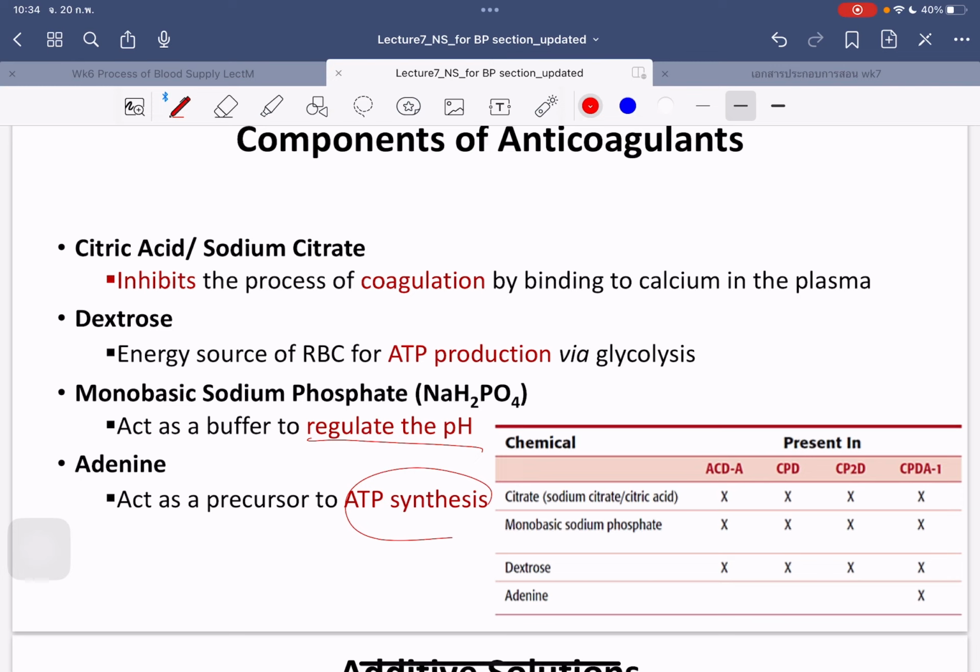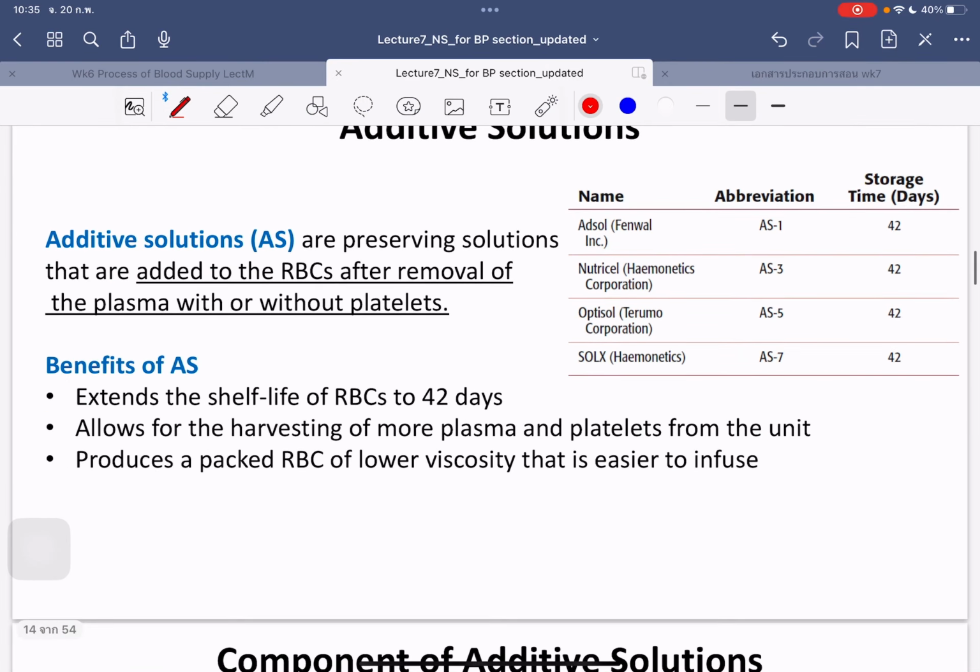So when you go to your hospital, it depends on the blood bag you are going to use. Some blood bags have additive solution, and the red blood cells have a shelf life of 42 days. But without additive solution, it has a shelf life of only 35 days.